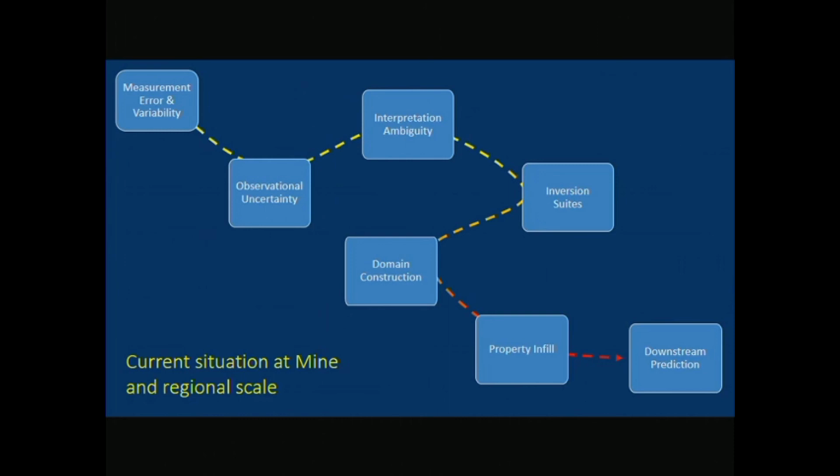And so basically the punchline here is that the problem we have at the moment with dealing with uncertainty in regional geology and at the mine scale, but even to a certain extent in the oil and gas space, is that we're very good at characterizing uncertainty in any one of these different areas, but we're very bad at propagating the uncertainty through the entire model building process.